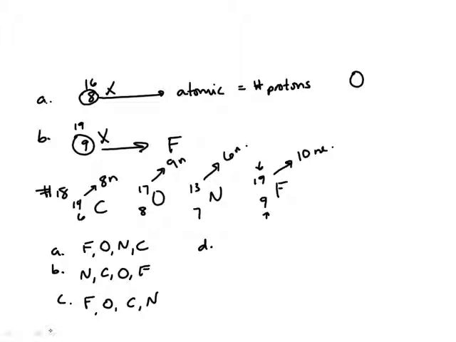So we have essentially 19 plus 9 plus 9 for fluorine, and 13 plus 7 plus 7 for nitrogen, and 17 plus 8 plus 8 for oxygen, and 14 plus 6 plus 6 for carbon. So this is 19 plus 18. What is that, 37? 37. And 27. And 17 plus 16, that's 33.